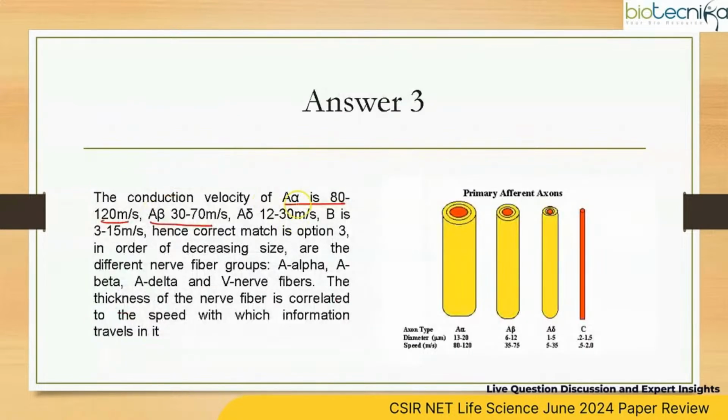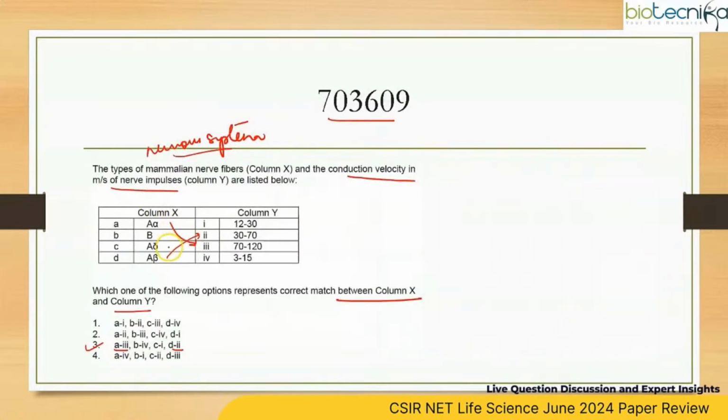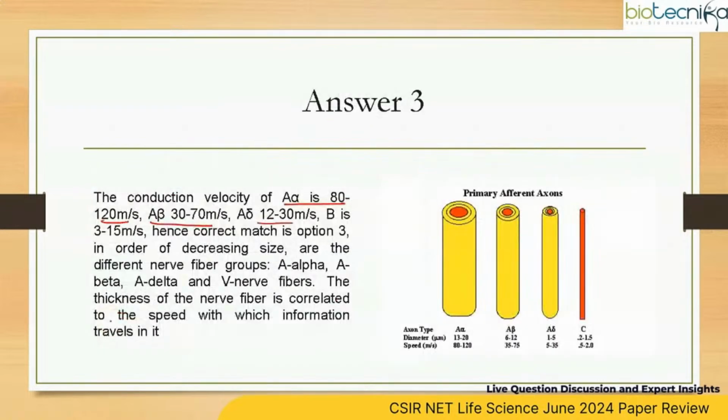Next, A delta is 12 to 30 meters per second, so this will match with 1. C will match with 1 and B will match with 4, which is 3 to 15. So the right answer is option 3 over here. The correct match is option 3.